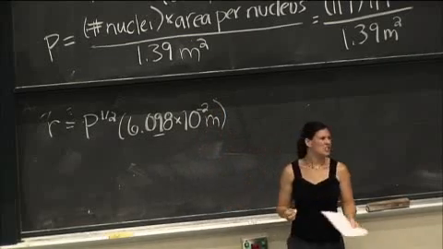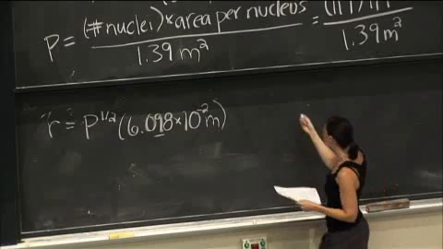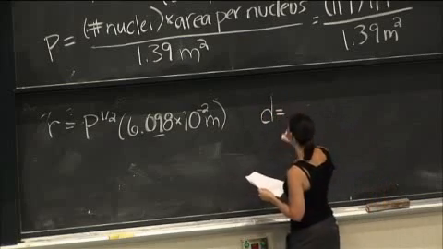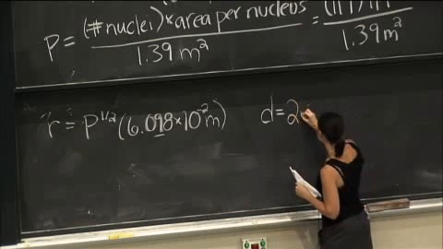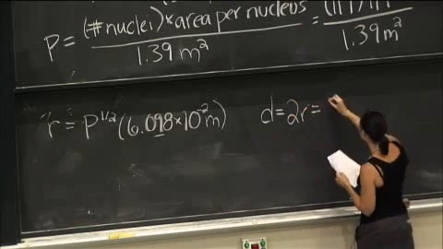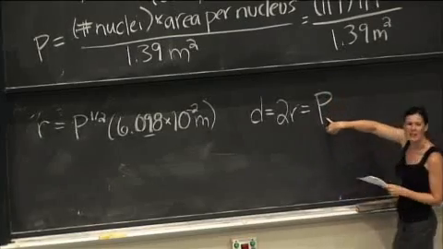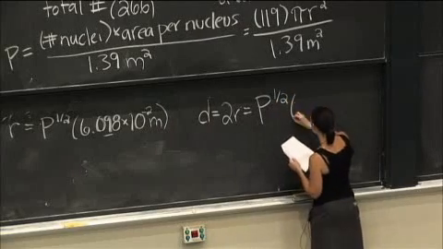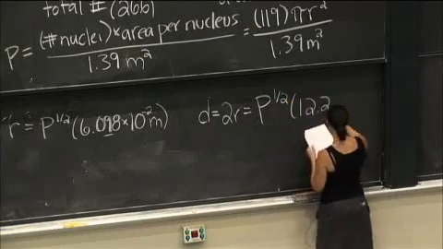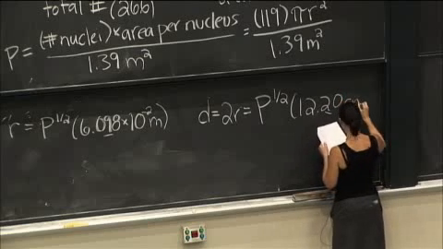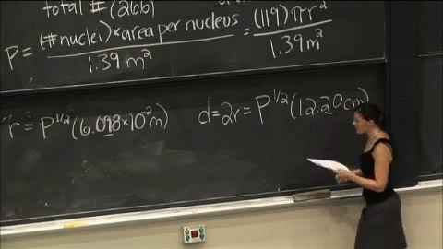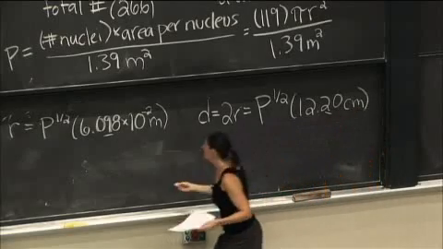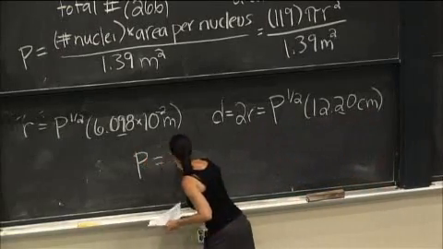So actually, just for discussion's sake, it makes a little more sense for us to talk about the diameter. So that's just twice the radius. So once we figure out what our probability of backscattering is, we'll just raise that to the 1/2, and we'll multiply that by 12.20 centimeters. All right, so now all we have to do is figure out this probability of backscattering.